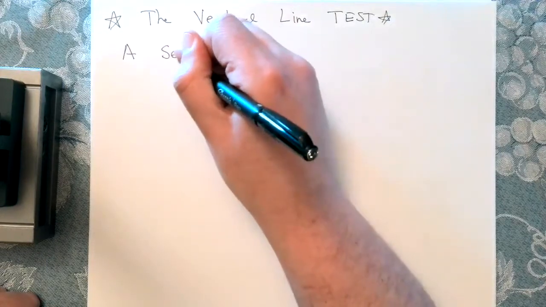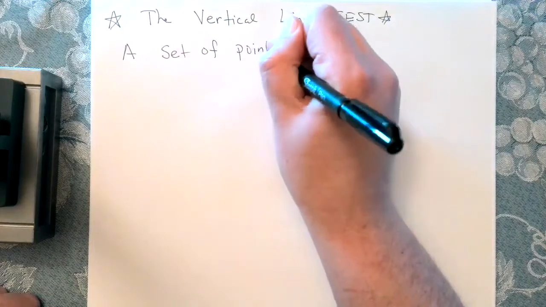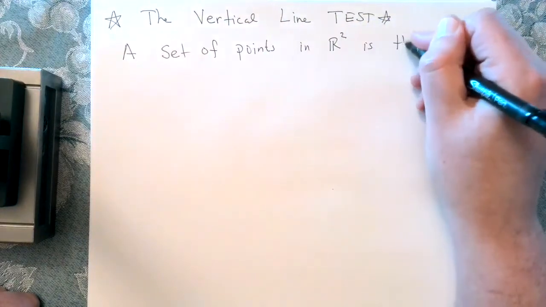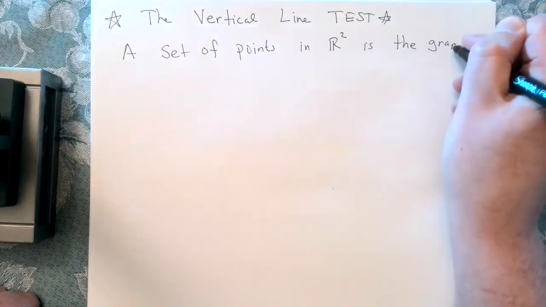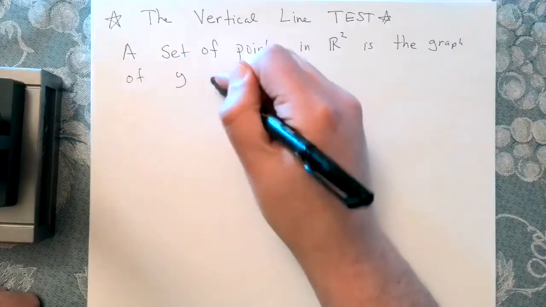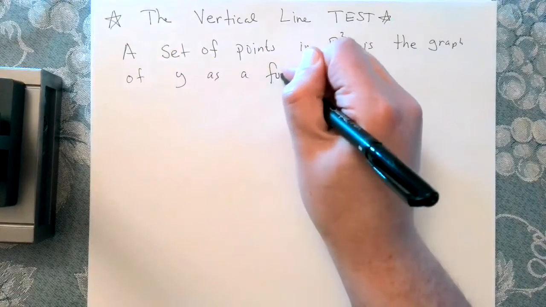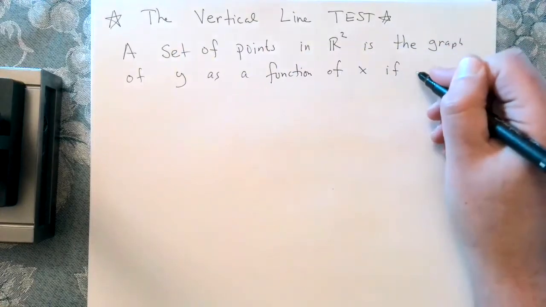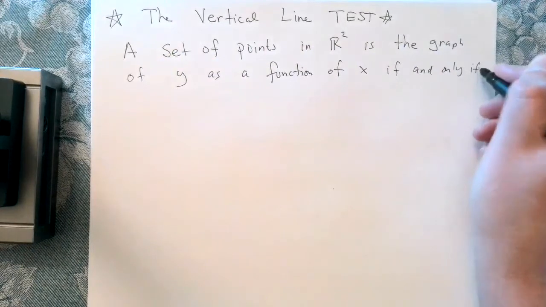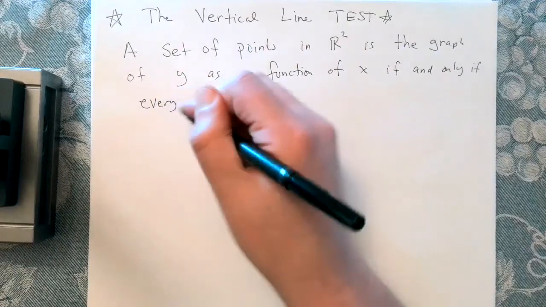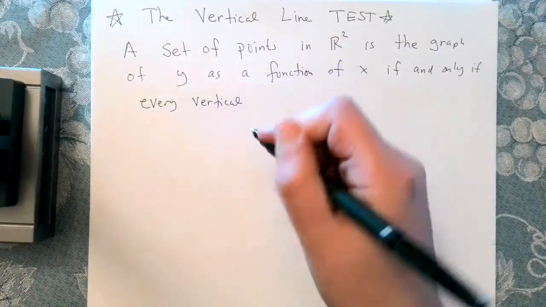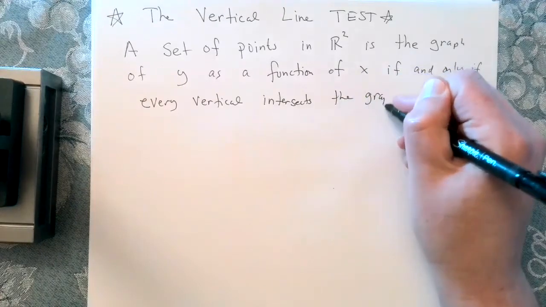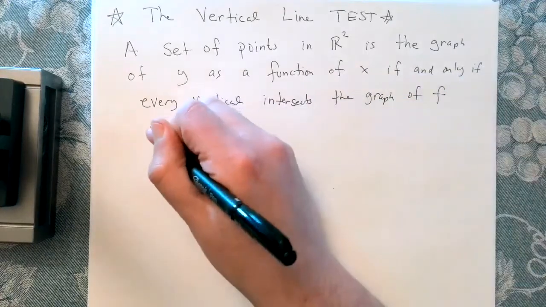A set of points in R^2 is the graph of y as a function of x if and only if every vertical line intersects the graph of f at most one time.